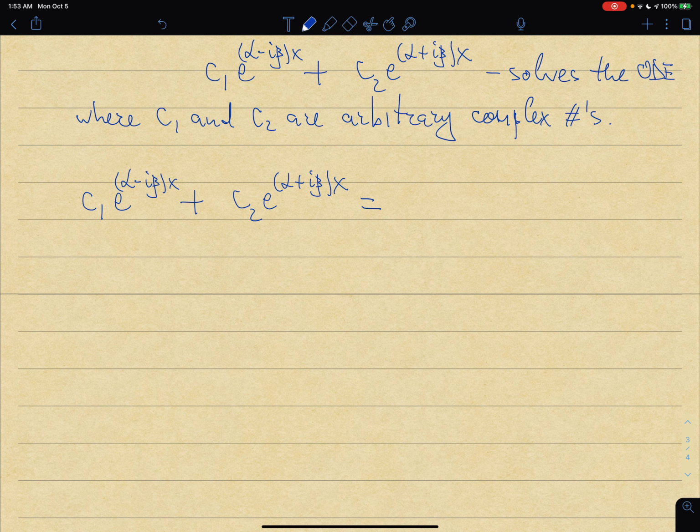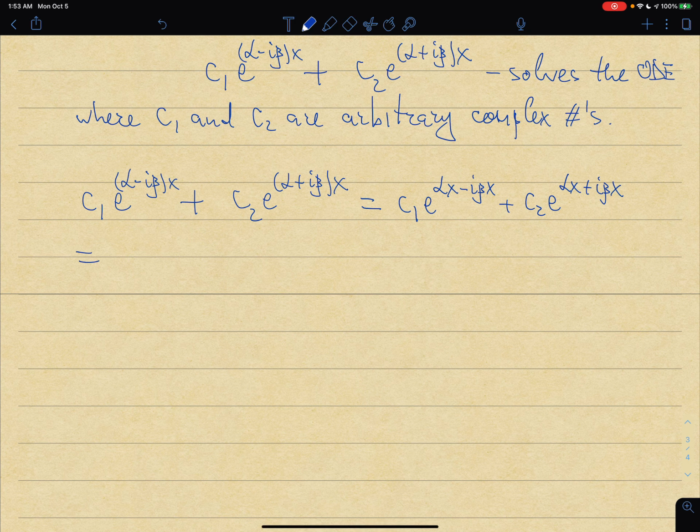So I'm going to take advantage of this fact here. This is c1 e to the, I'm going to distribute x, alpha x minus I beta x plus c2 e to the alpha x plus I beta x.